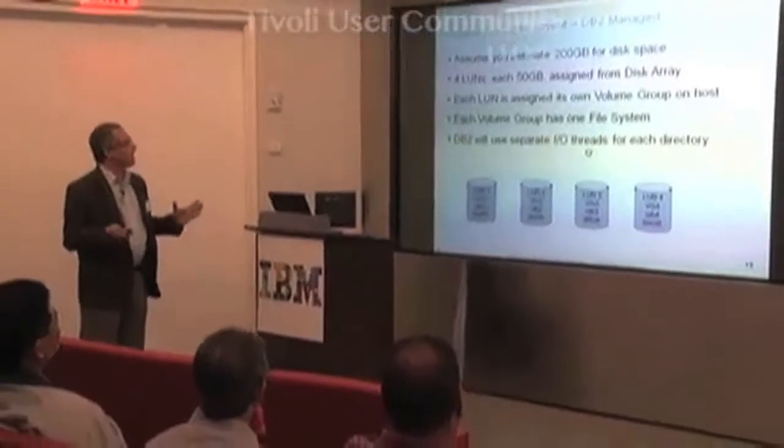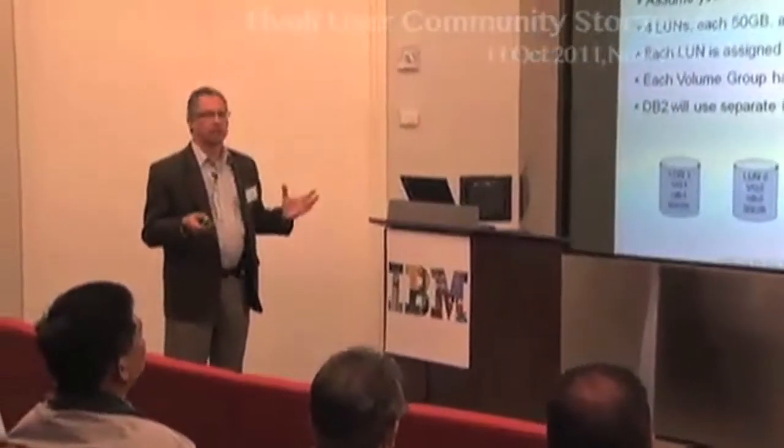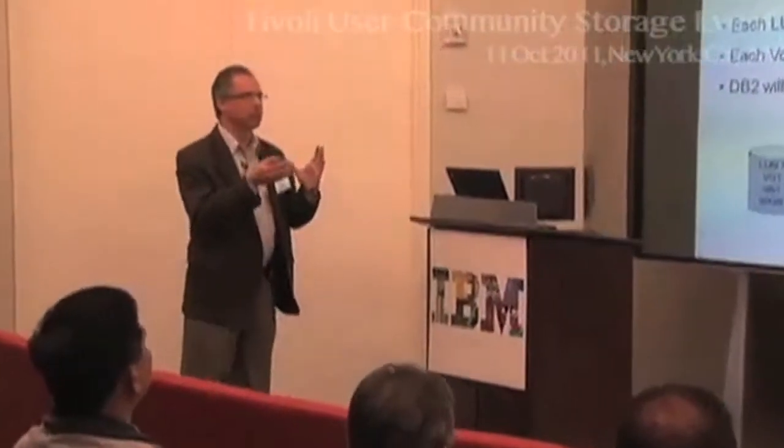So you want to have at least 4 LUNs, 4 to 8 LUNs, that would each have their own file system and directory for DB2, because DB2 will use separate I/O threads across those mount points. We've seen customers just put one directory up, and it hasn't worked that well. We've seen the best performance on anywhere from 4 to 8 mount points for the underlying DB2 database.